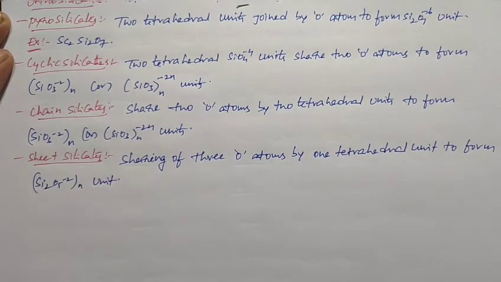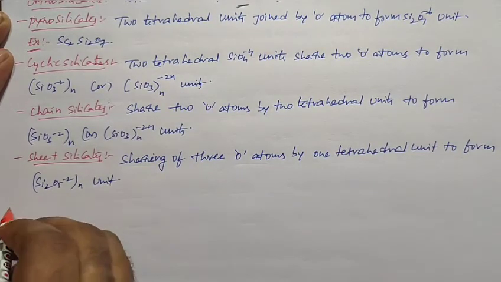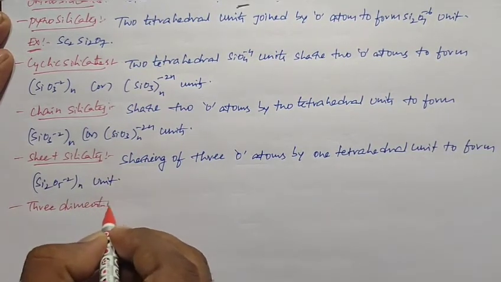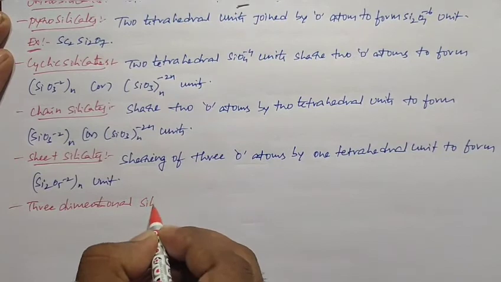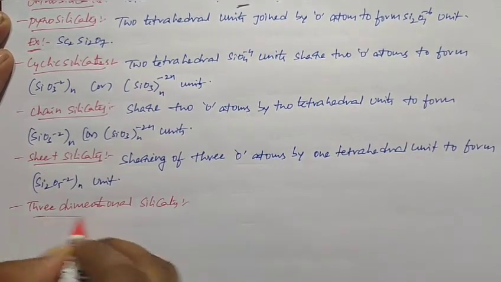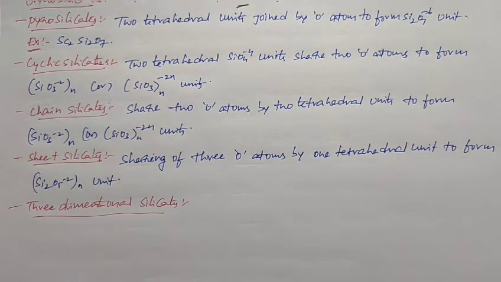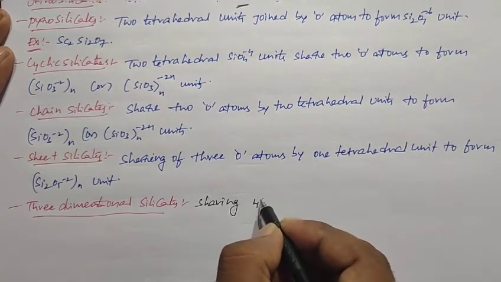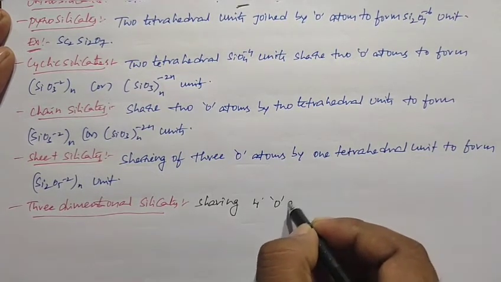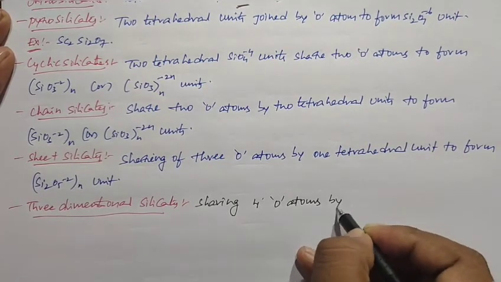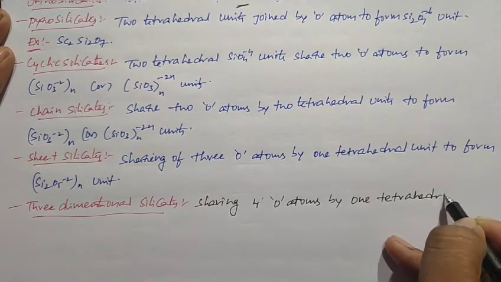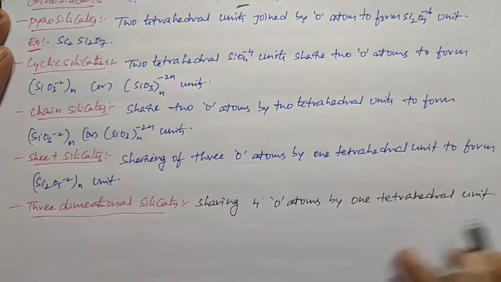And the last one is three-dimensional silicates. In three-dimensional silicates, they share four oxygen atoms per tetrahedron, that is, sharing of four oxygen atoms by one tetrahedral unit.